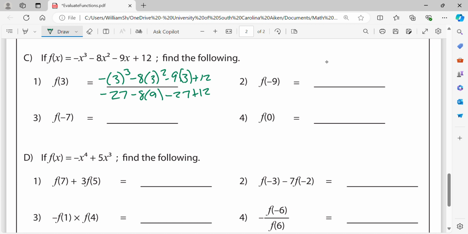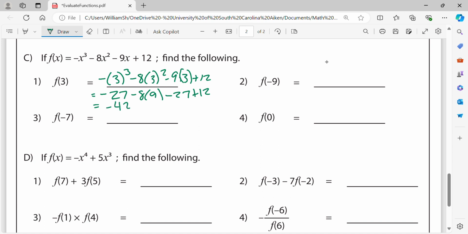Continue to simplify here. Negative 27 minus 27 is negative 54. Plus 12 should give us negative 42.